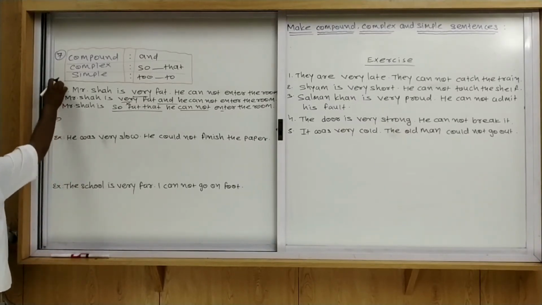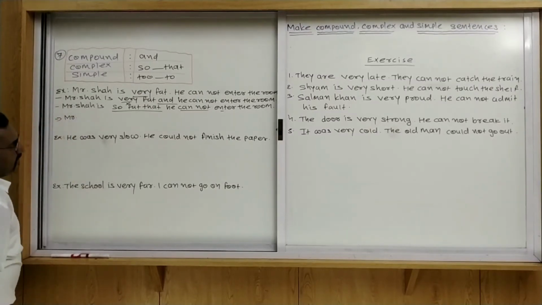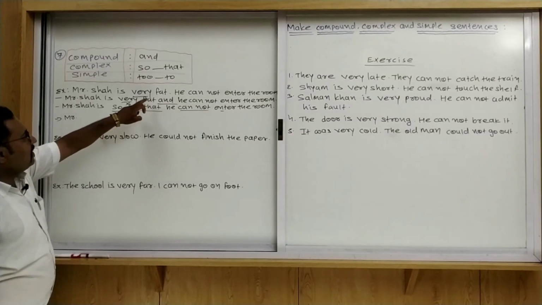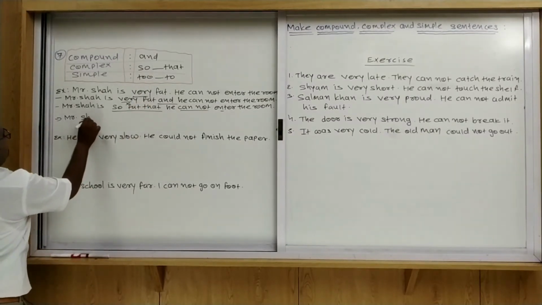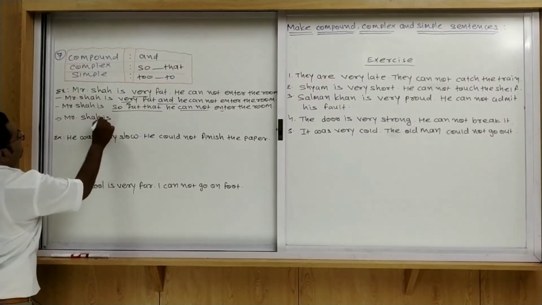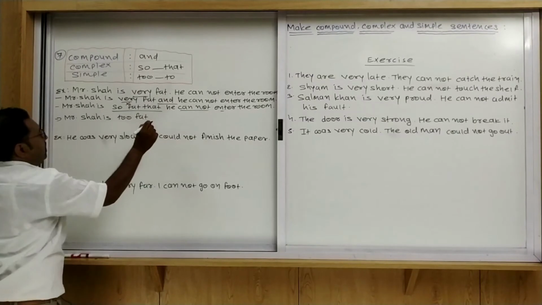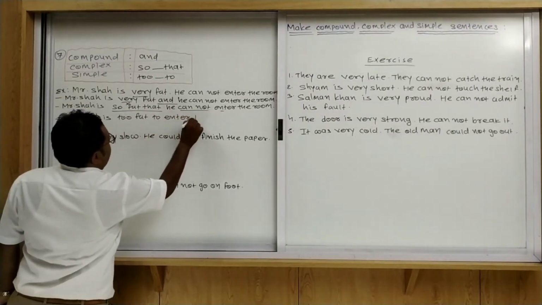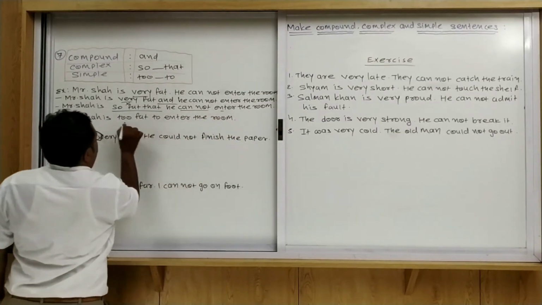Now the last one, that is simple sentence. When we use simple sentence, at that time it is necessary to remove "so that", "very" and "and". Okay, so Mr. Shah is too fat to enter the room.